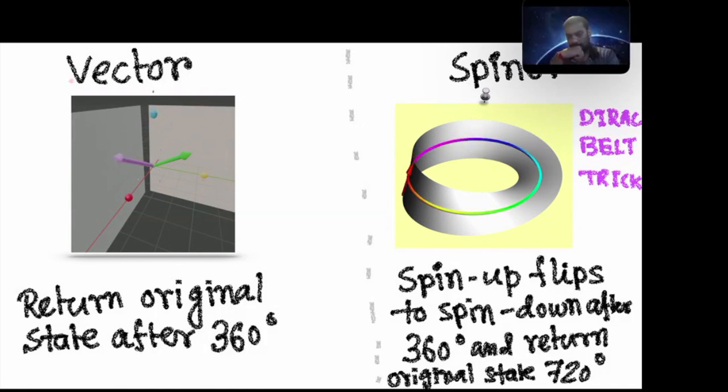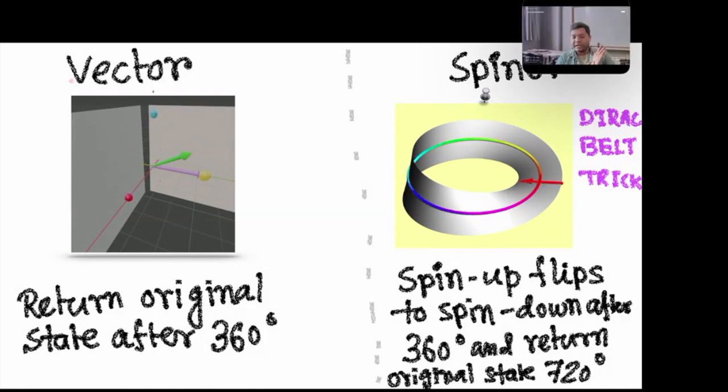This is also the concept called the Dirac belt trick. If you take a belt and rotate it, it becomes twisted. If we make one more rotation, the belt comes back to the original position.